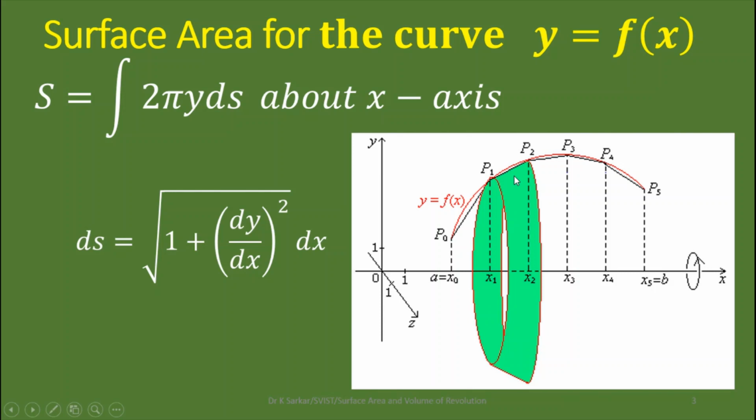Circumference multiplied by the arc length. Arc length is ds. So the total area is 2 pi y ds. Now the surface area for the curve y equals f(x) is integration from a to b of 2 pi y ds.